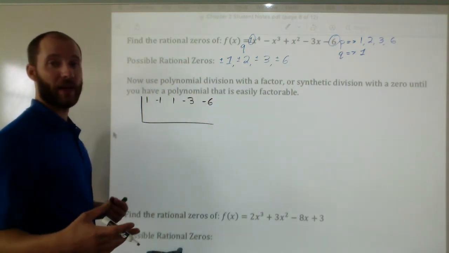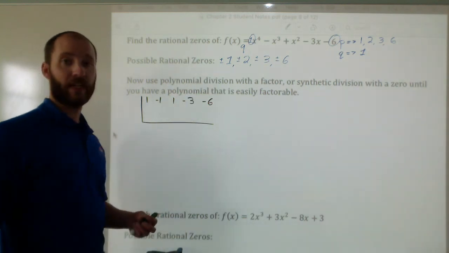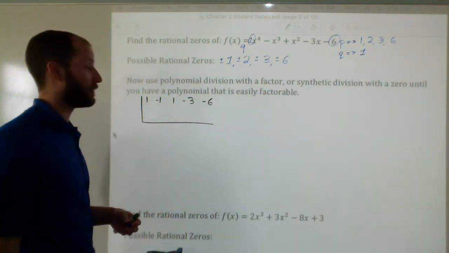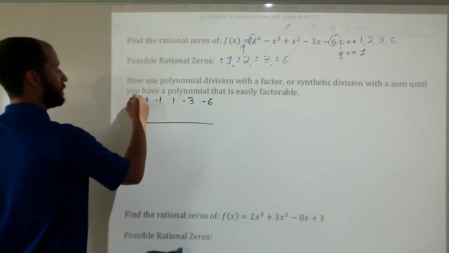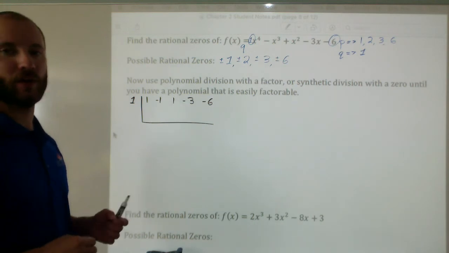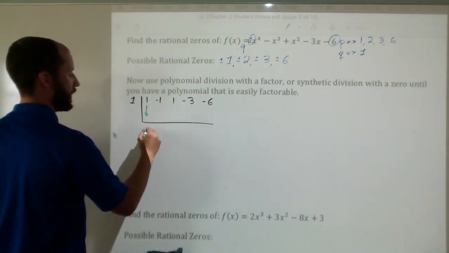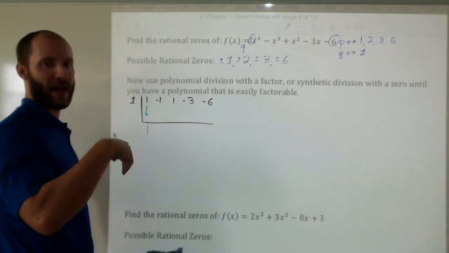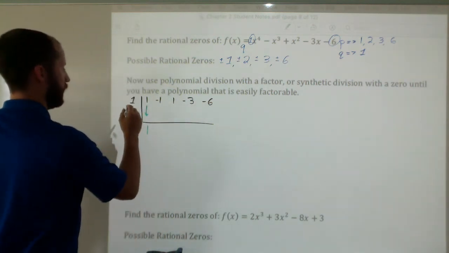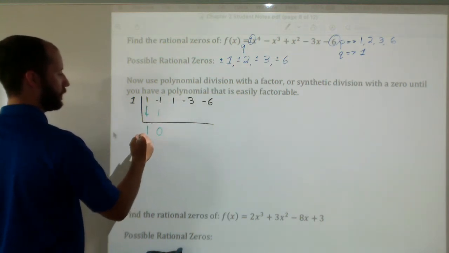So I'm going to go ahead and try a number and see if it works. I'm going to start at the beginning. I'm going to try positive 1, see what happens. So I am guessing that positive 1 is a 0 of that function. Let's drop down that first one, and I'll do the bounce and add. 1 times 1 is 1. Add those together, get 0.